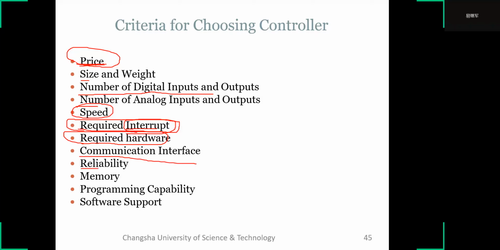Reliability: if the system is unstable, the system cannot work. Memory: this is according to the system's code. Programming capability. Software support. These are the criteria for choosing a controller.